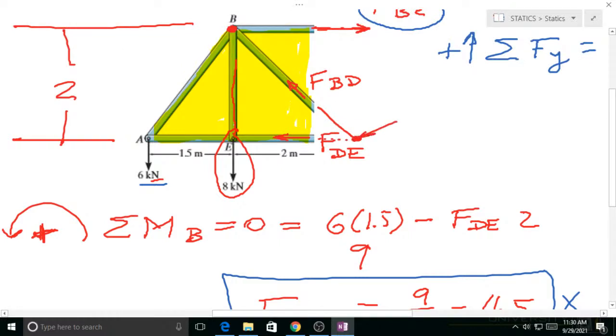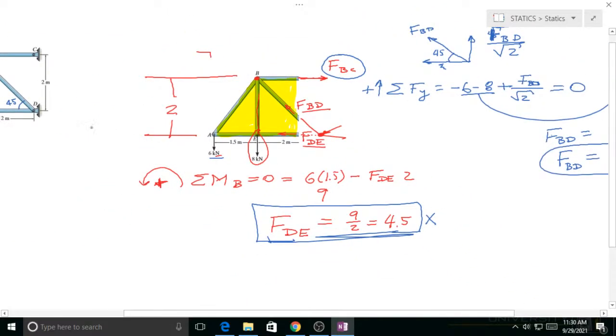In other words, this force and that force go through this point. Turns out that is the pin that sat right here. So even though D isn't on my slice, I can sum the moments about D equaling 0.